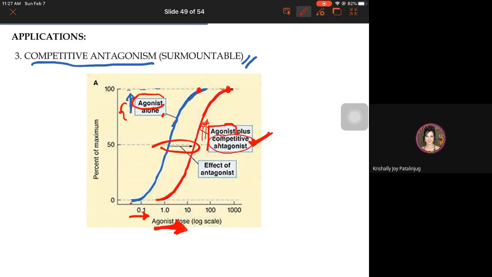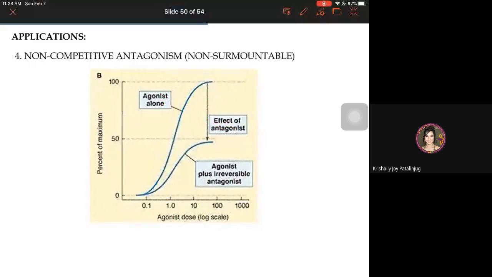Alright? How about when you have a drug but this time with a non-competitive antagonist? This time, with a non-competitive antagonist, recall that the antagonism effect is not surmountable already. It is irreversible. It cannot be overcome even by increasing the dose of the agonist.